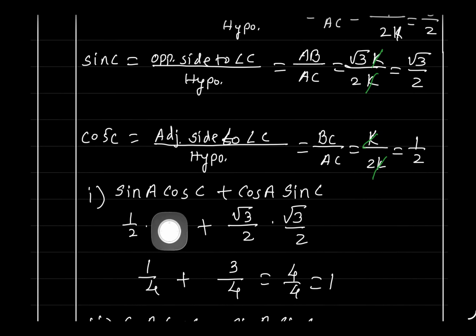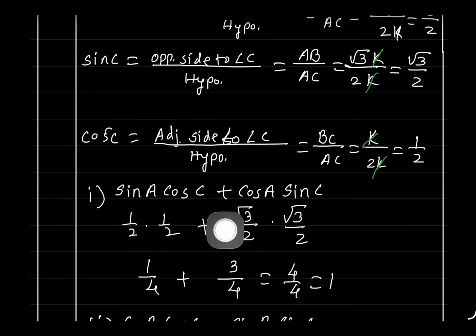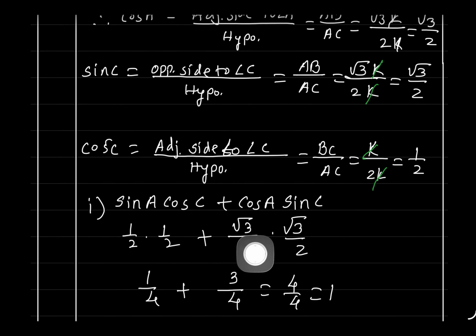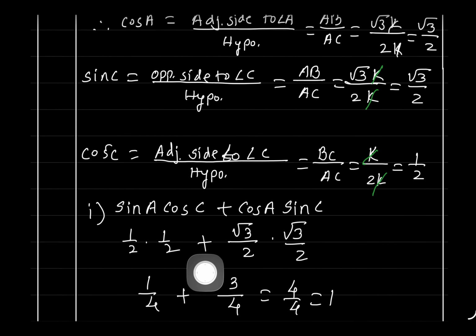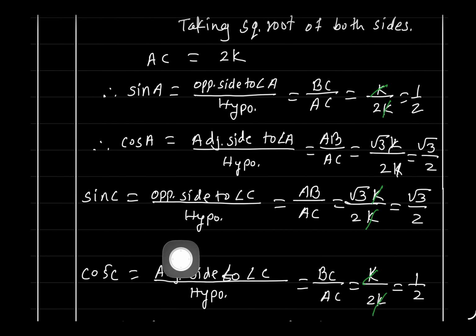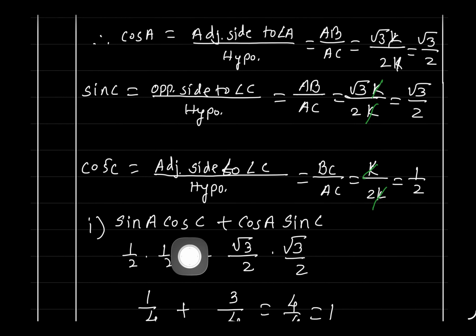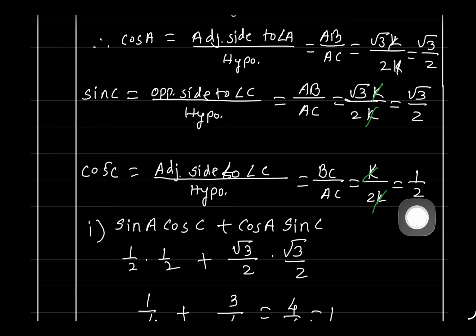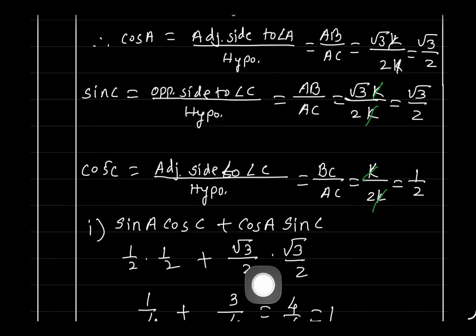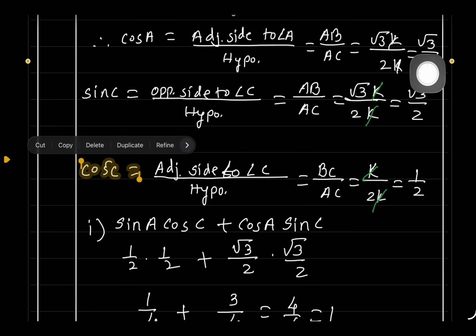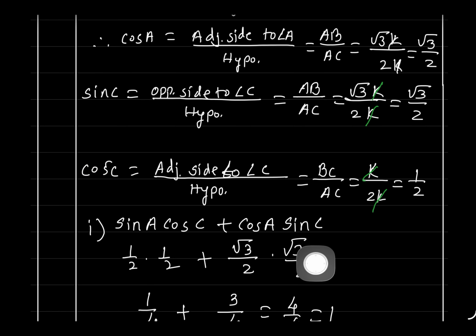So the first question is sin A cos C plus cos A sin C. All values we know, we just have to put them. Sin A we got 1 upon 2, into cos C, which we got as 1 upon 2. Cos A we got root 3 upon 2, and sin C is root 3 upon 2.